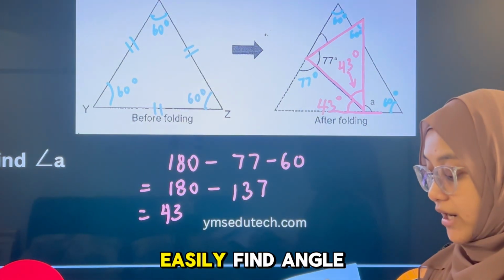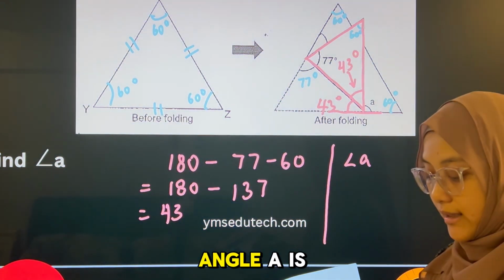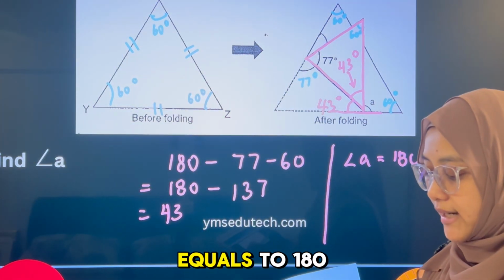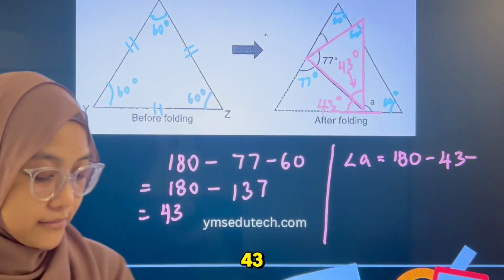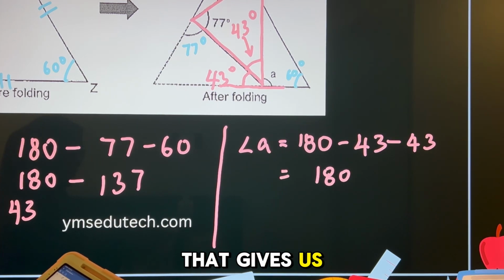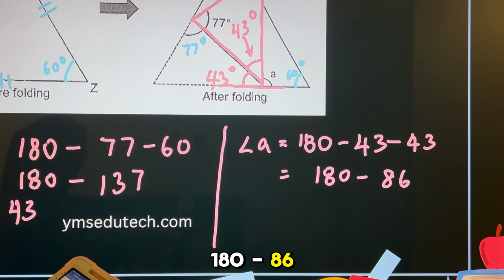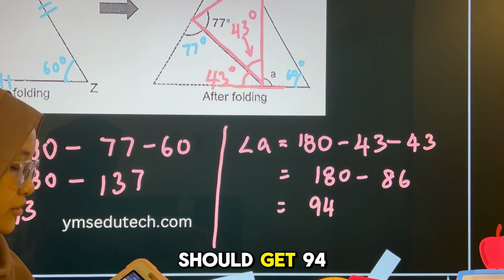Hence, we can easily find angle A using the property of a straight line. Angle A is equal to 180 minus 43 minus 43. That gives us 180 minus 86. Key this into the calculator. We should get 94 degrees.